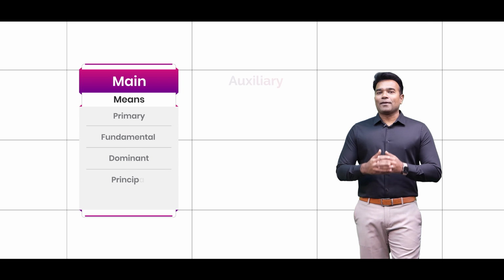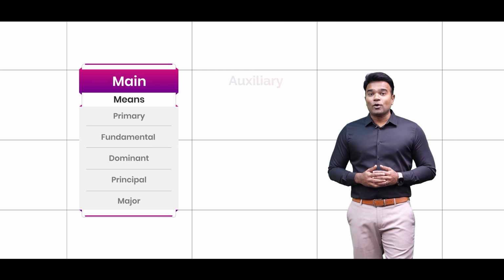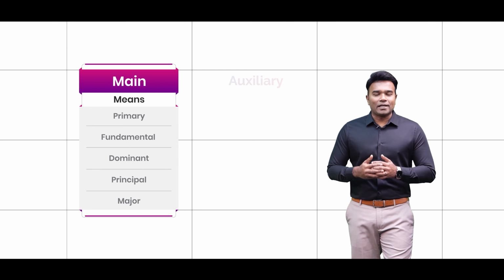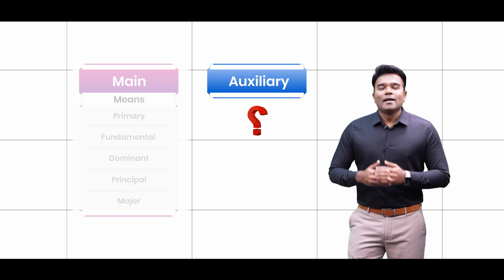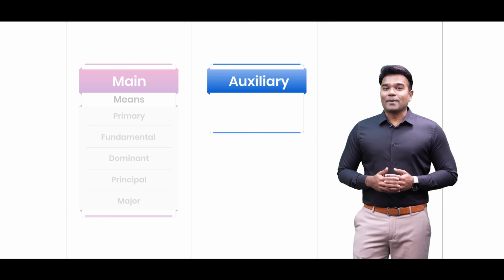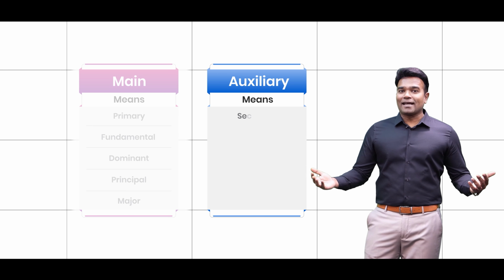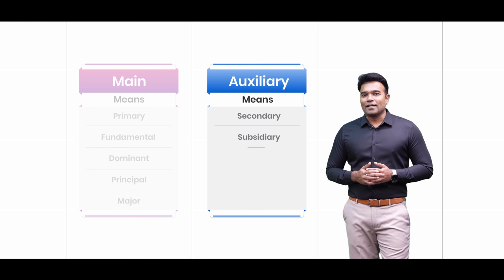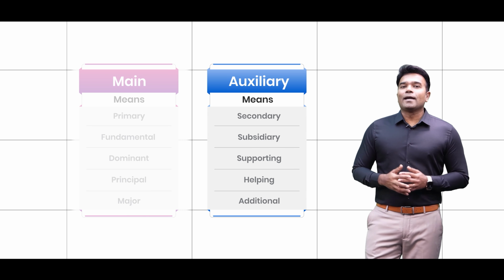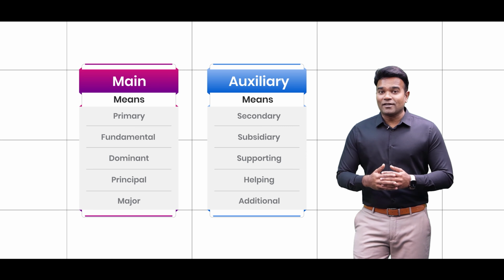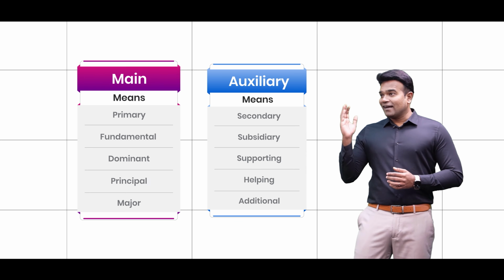All of these happen to be the equivalent words of the word main. But then, what does auxiliary mean? Auxiliary in many ways is the opposite of main, meaning that it is secondary, it is subsidiary, and so on. So through this you have understood broadly what the difference is between the words main and auxiliary.